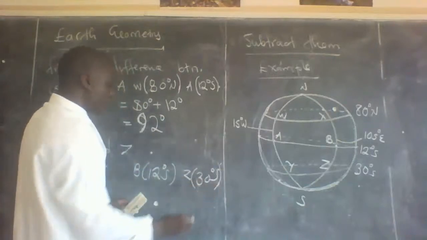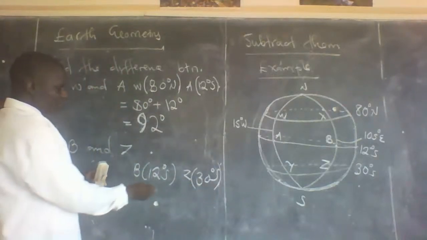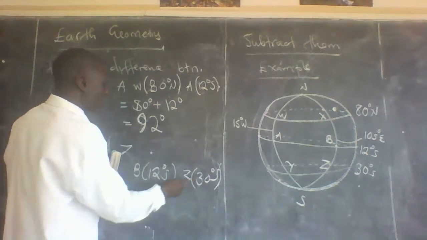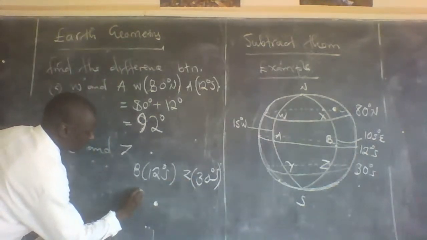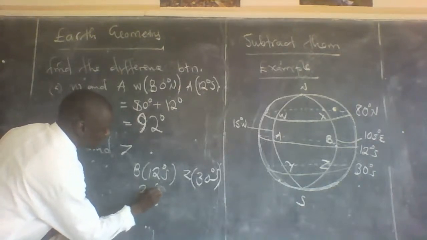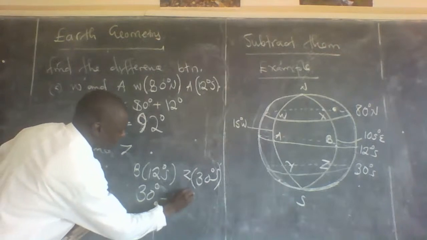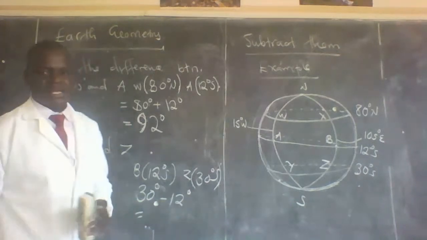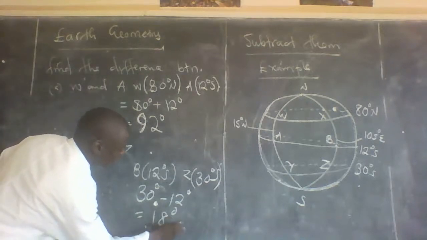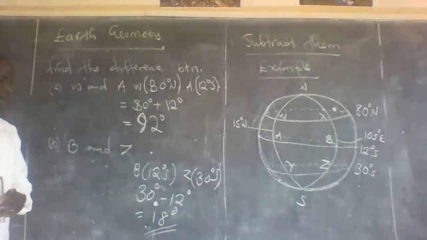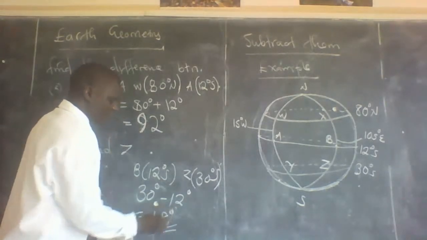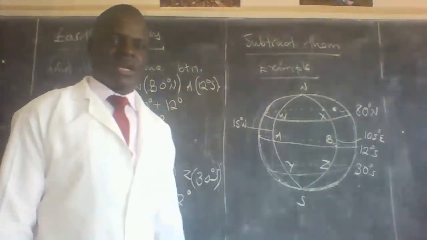So now to find the difference, what do we do? Both of them are on the same hemisphere, the southern hemisphere. Therefore, to find the difference, we're going to subtract the two. So 30 degrees minus 12 degrees, and what will be the answer? The answer will be 18 degrees. So that will be the degree difference between 2 points that are on the same hemisphere.